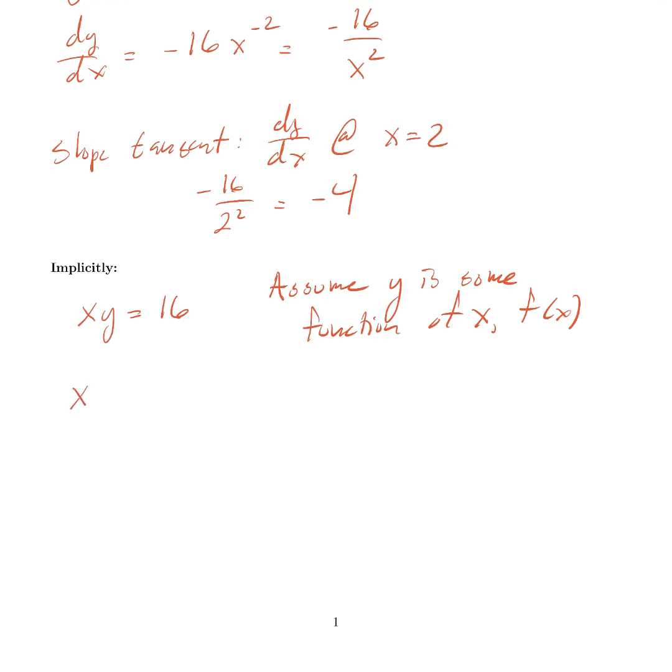Okay, so I'm going to rewrite this as x times f of x is equal to 16. And now I'm going to take derivatives with respect to x on both sides of the equal sign.